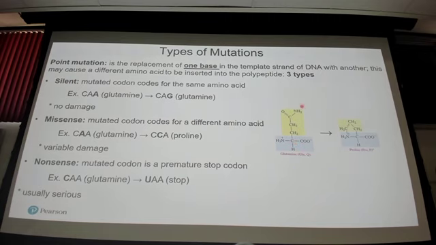This R group is non-polar. This R group is polar. This R group is non-polar. So that's going to affect the type of interactions that we saw when we looked at the tertiary structure interactions. That's going to affect the protein folding and the 3D structure.